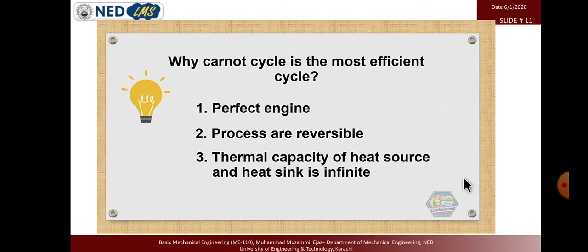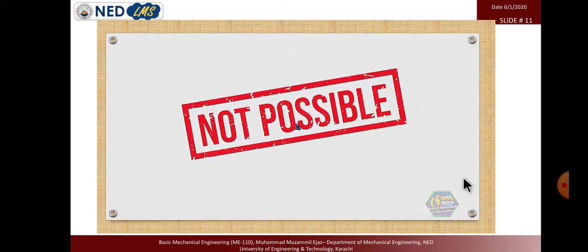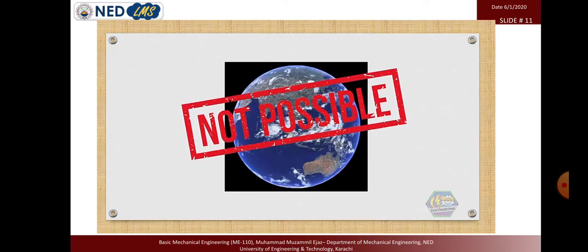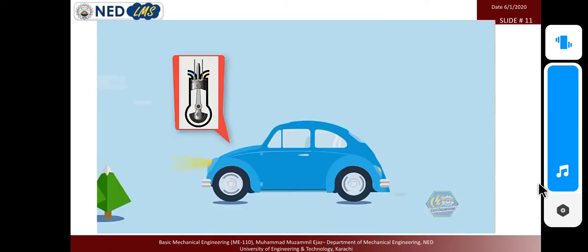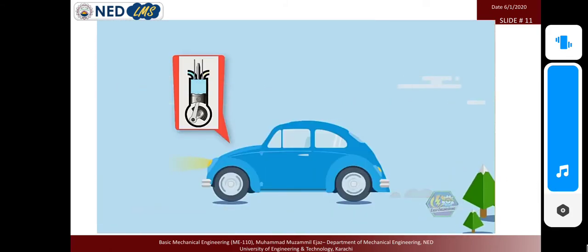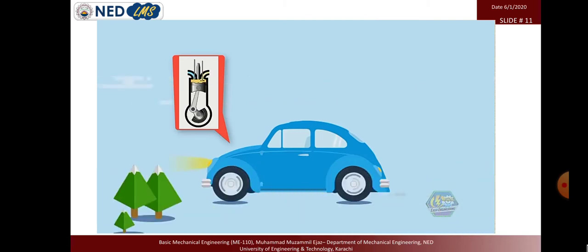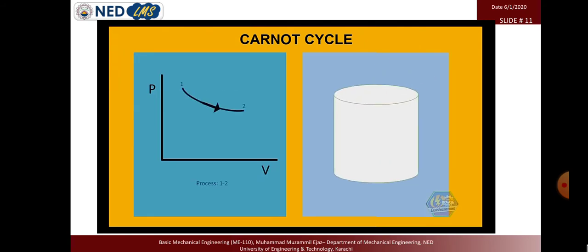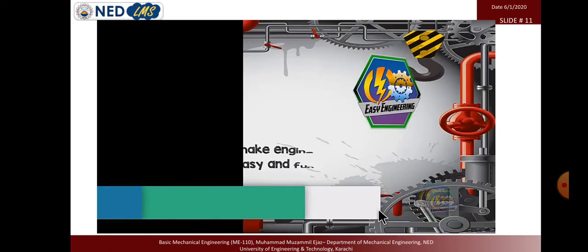But for all those same reasons, it makes this cycle impossible to operate in our real world, as obviously those things don't exist. Well, of course, we should not forget that it contributed so much today. In fact, it is a model of our car engines like the Otto and diesel cycle. And so that's it. Once again, this is Easy Engineering. See you again for our other easy and fun engineering topics. Easy Engineering, engineering topics made easy and fun for you.